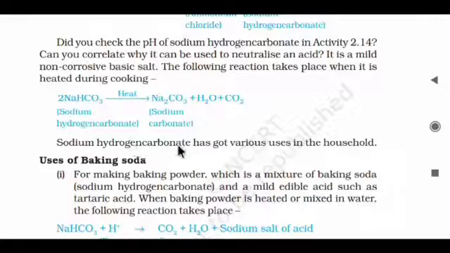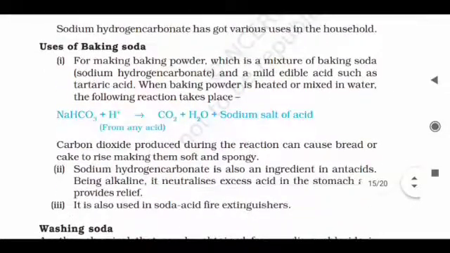Sodium hydrogen carbonate has various uses in the household. Uses of baking soda: for making baking powder, which is a mixture of baking soda, sodium hydrogen carbonate, and a mild edible acid such as tartaric acid. Edible means able to digest, not harmful or toxic to our body.